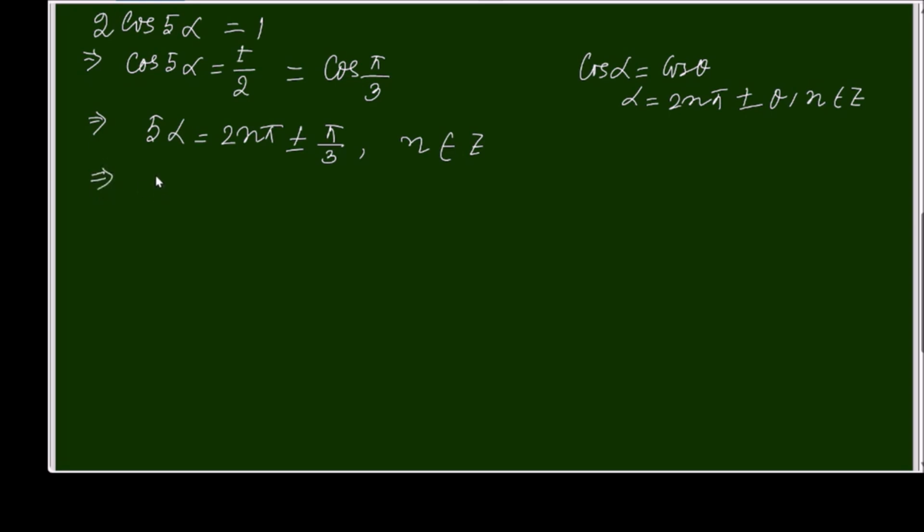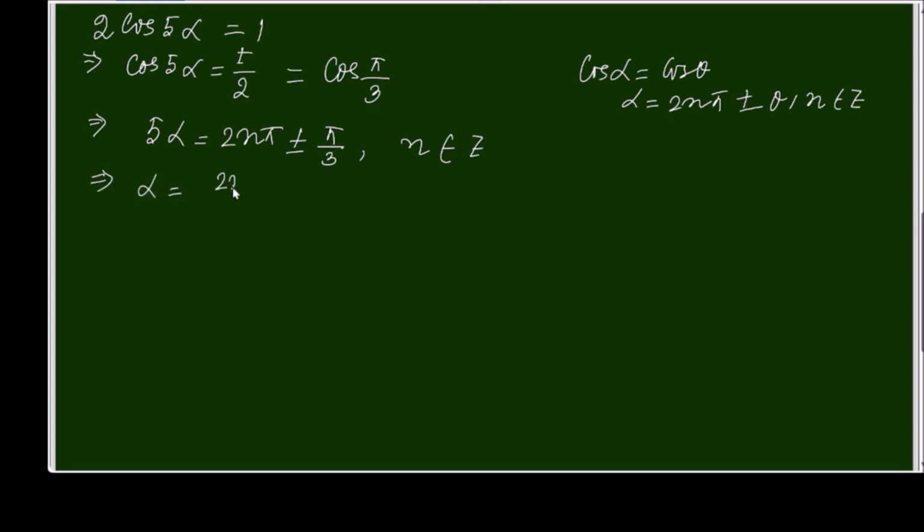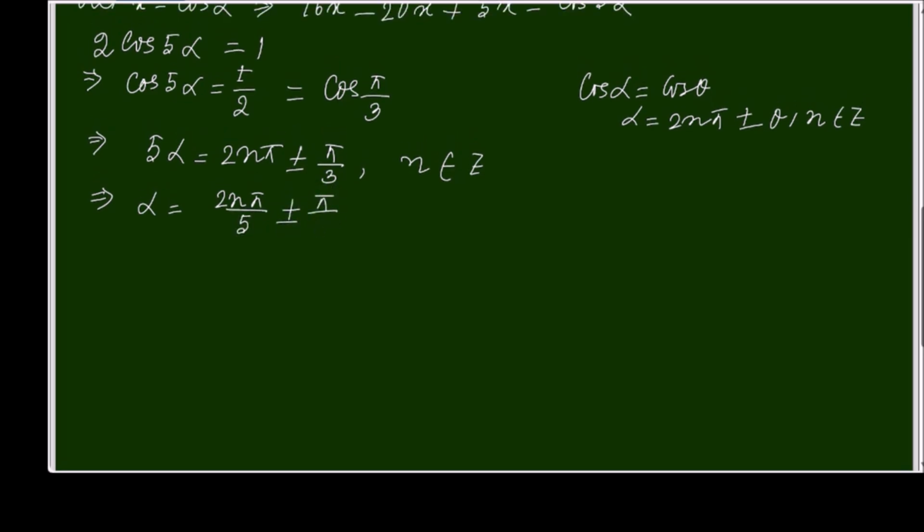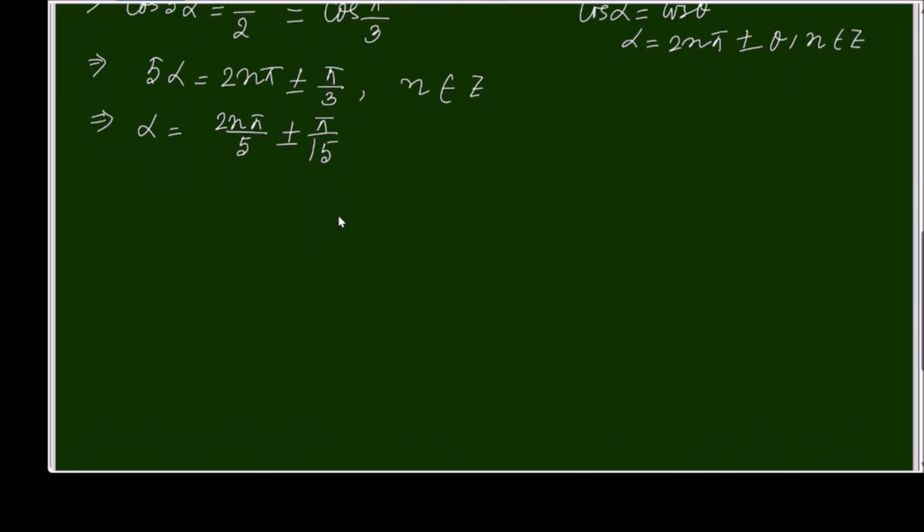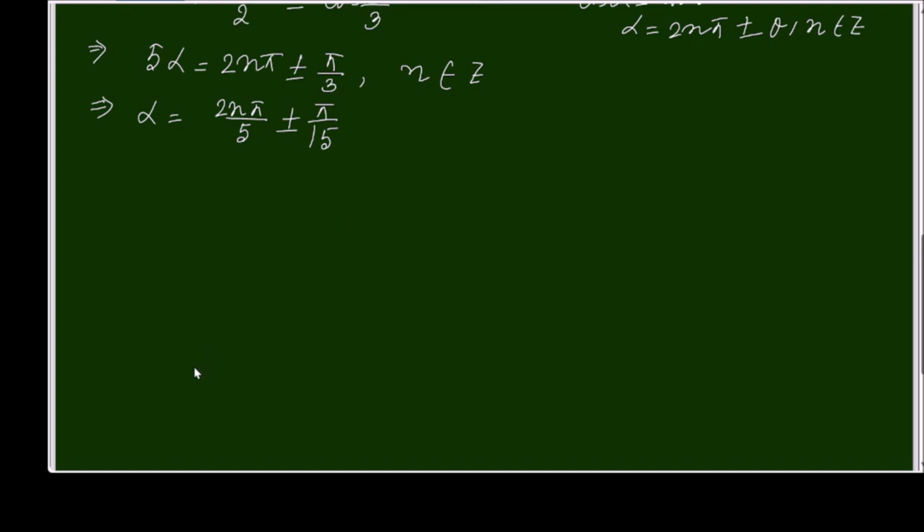So alpha equals 2n pi by 5 plus minus pi by 15. It is an equation of degree 5, that means it has at most 5 real solutions.